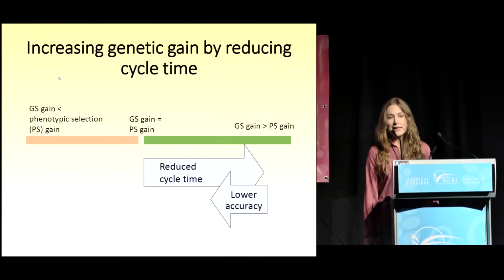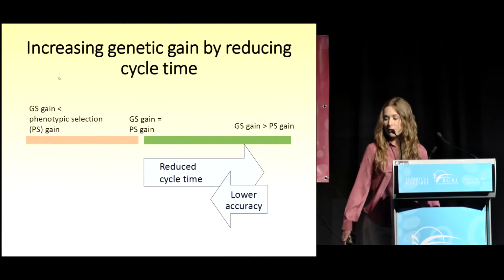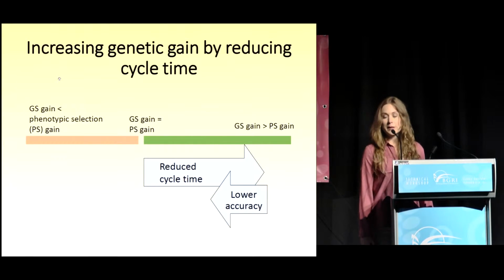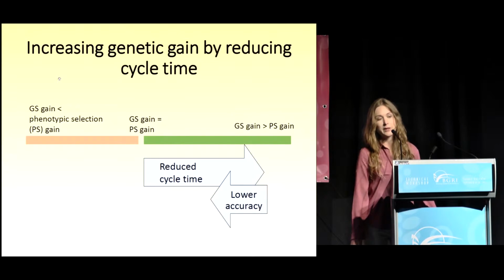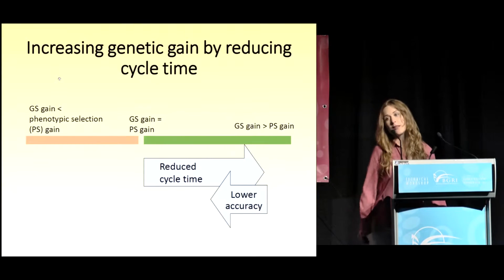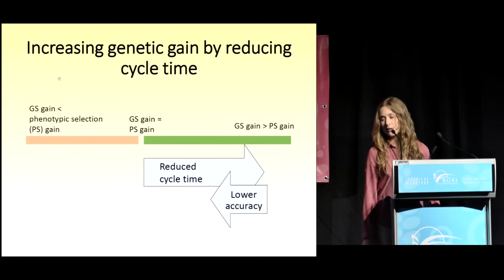The basic idea here is that we can reduce the breeding cycle time. We most likely will have a reduction in accuracy because we're not selecting upon the actual trait of interest, so it's a type of indirect selection, and you generally always have a slightly less accurate selection.